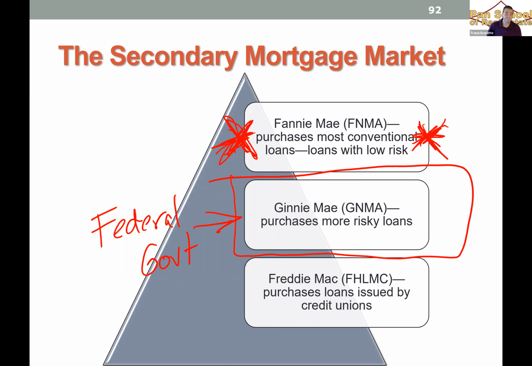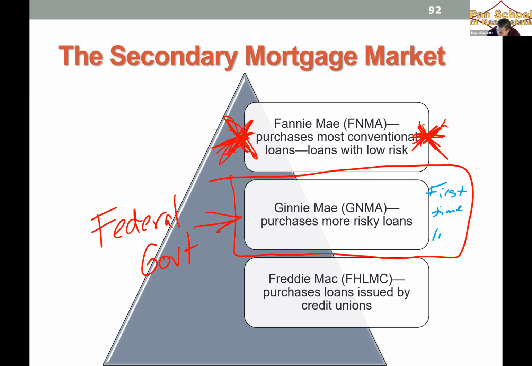Now, are y'all ready for the David Copperfield reveal, magic behind the machine moment here? Remember I told you these borrowers down here in this Ginnie Mae bucket, these are your first timers.